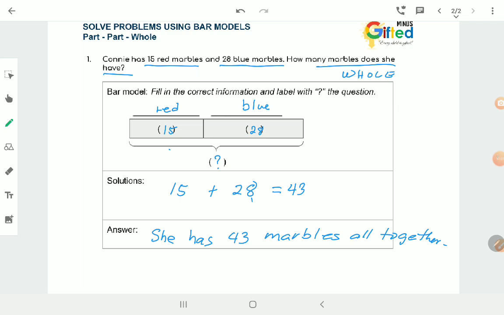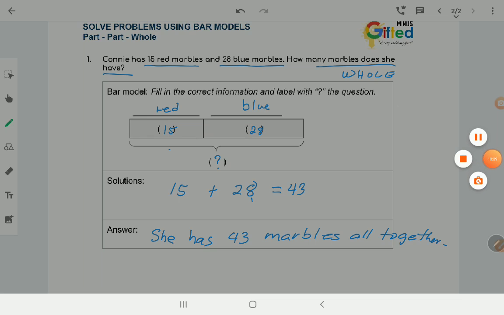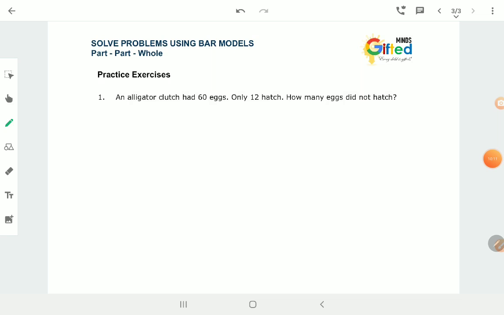All right. So let's try another example, number 2. An alligator clutch has 60 eggs. Only 12 hatch. How many eggs did not hatch?